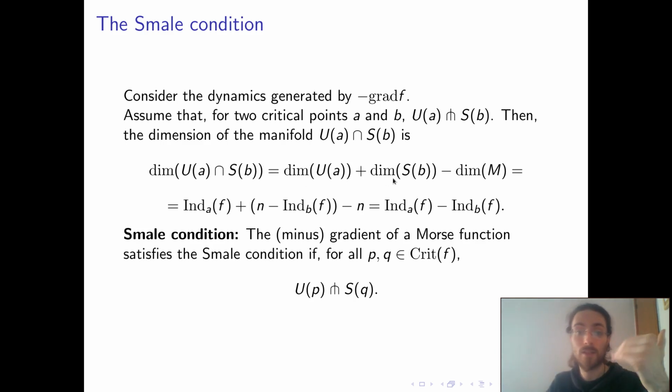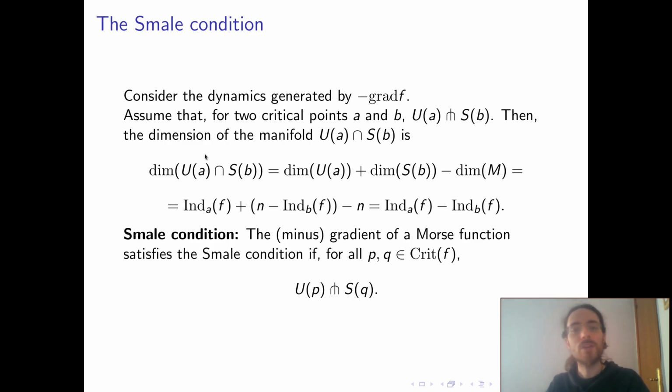The dimension of the stable manifold must be n minus the index. So if we apply the formula, we get that the dimension of this intersection is the difference of the indices. This is telling us in particular that the index of A must be greater or equal than the index of B for this to make any sense.